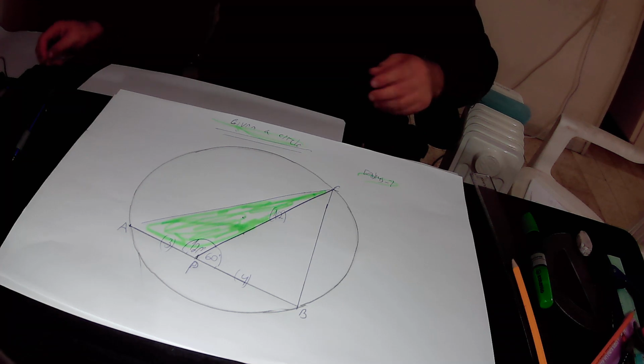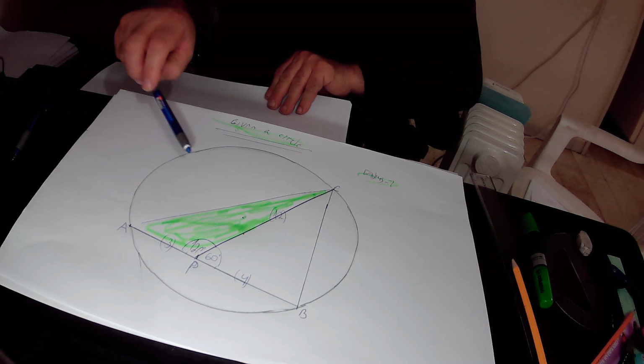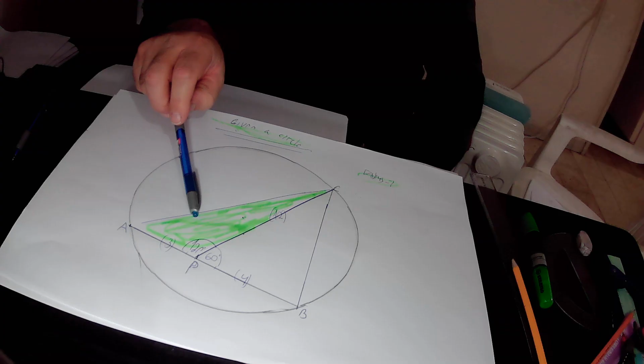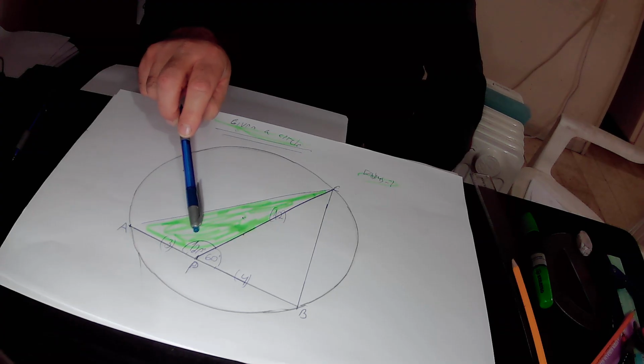According to the law of cosines, in this triangle we'll choose angle theta. This angle is equal to 120 degrees.